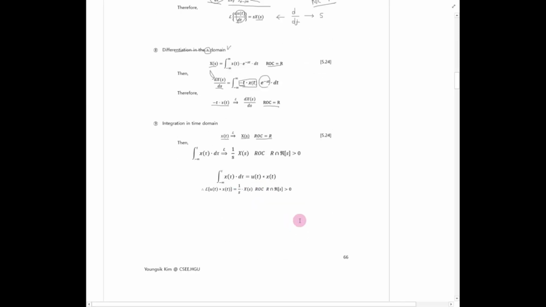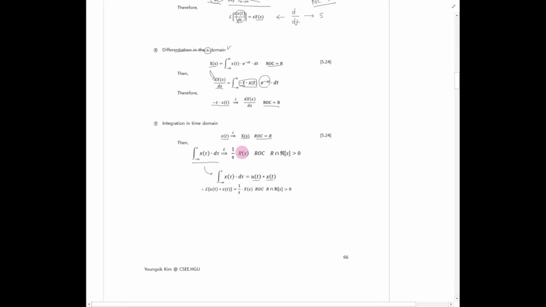The next one is integration in the time domain. We assume that the Laplace transform of x(t) is X(s), and the region of convergence is R. Here the integration is defined in this way: x(tau) d tau, with tau changing from minus infinity to t. This equals the convolution of x(t) and u(t).